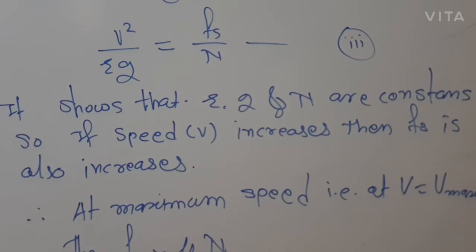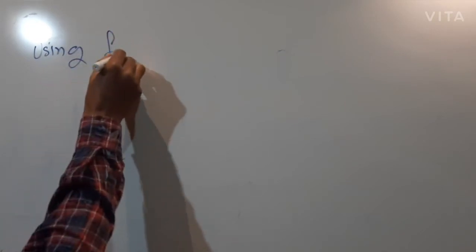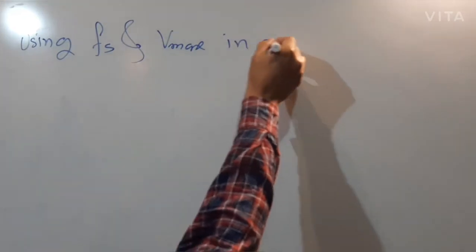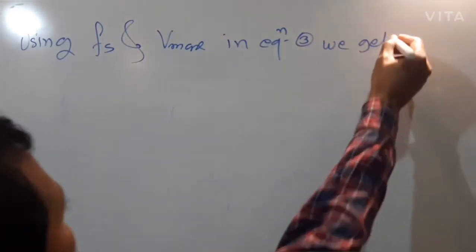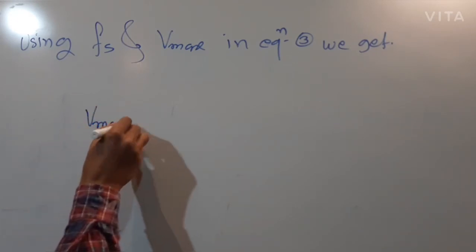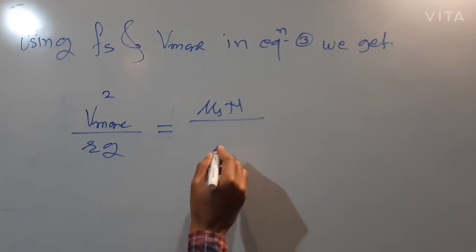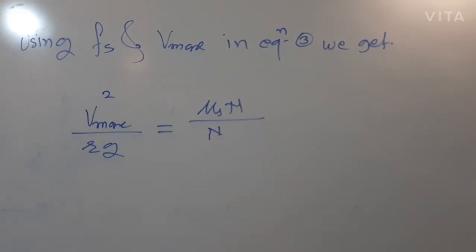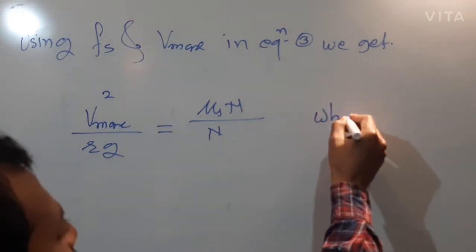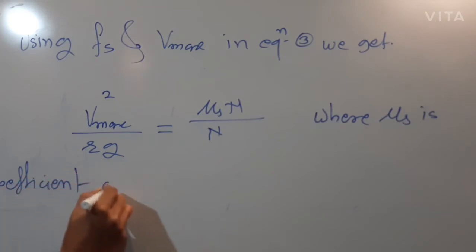Therefore, using v max and Fs in equation 3, we get v max square divided by rg is equal to mu s into N divided by N, where mu s is the coefficient of friction.